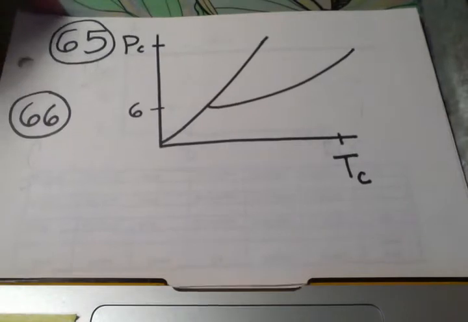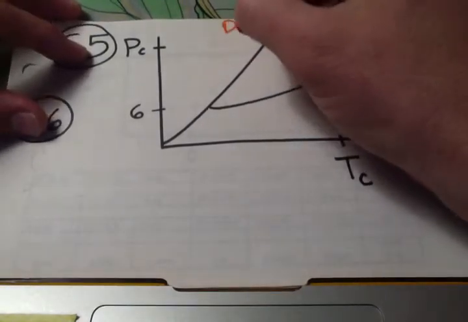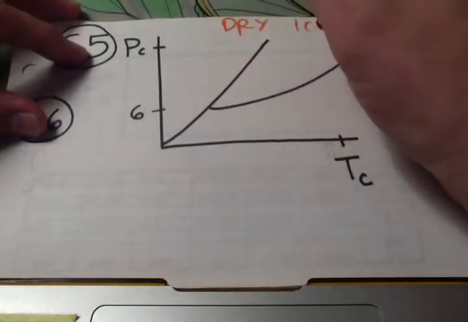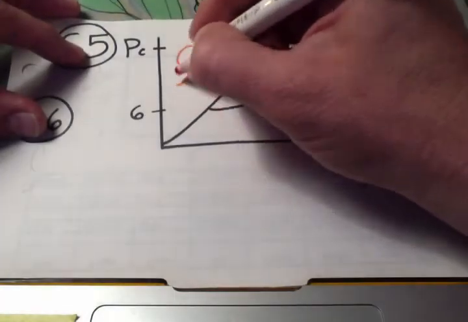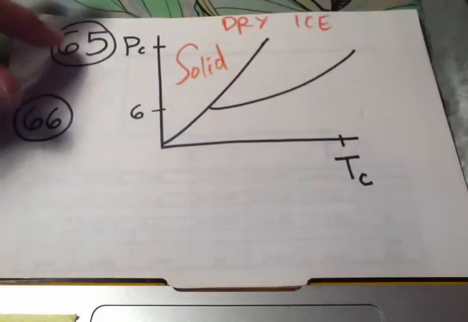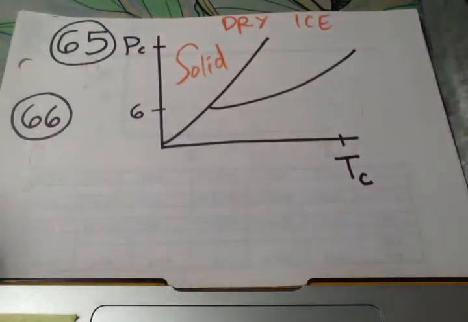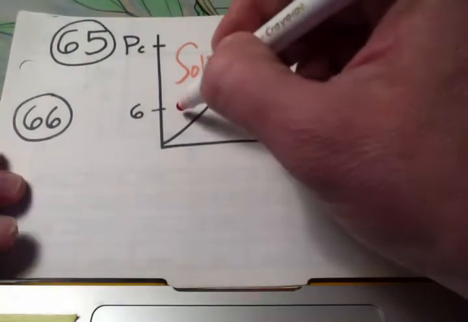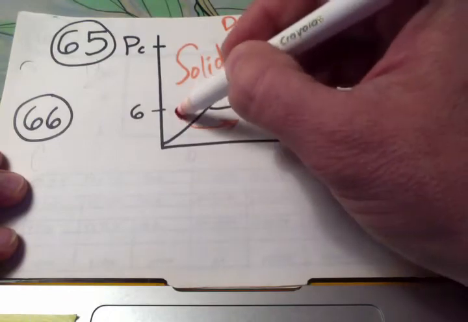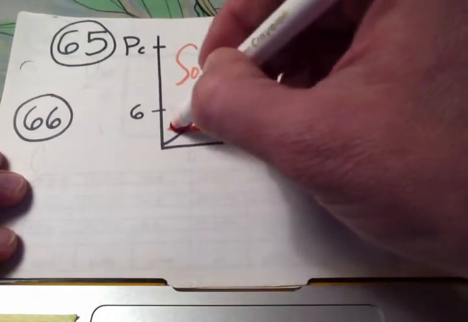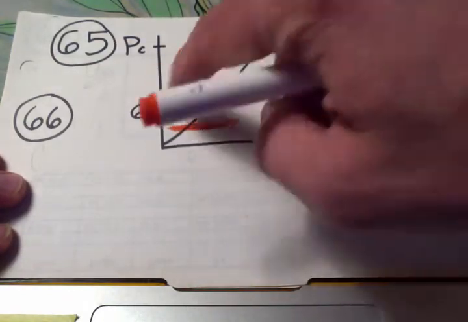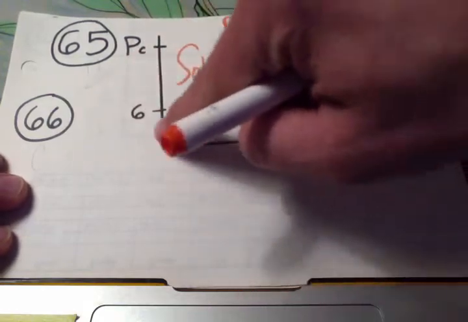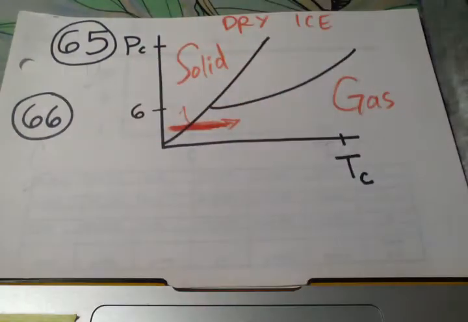Oh yes, dry ice day. The dry ice was in the cooler, and it was solid. We brought it out of the cooler, and it sublimed. We were looking at what it was doing in front of our eyes. The room pressure and the room temperature put us at this solid gas line.